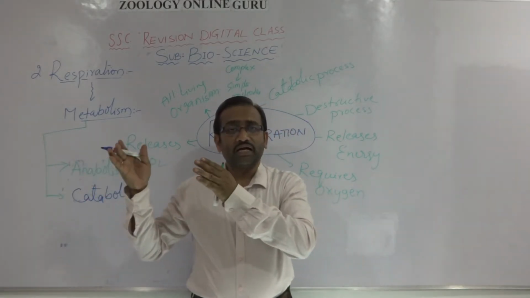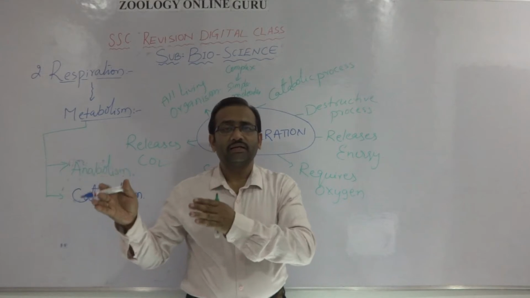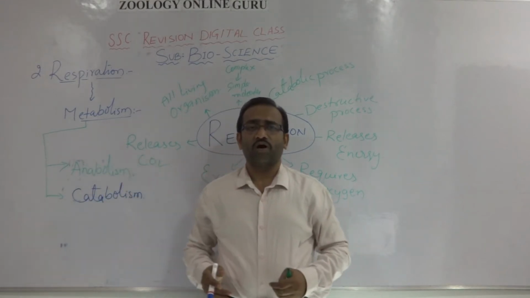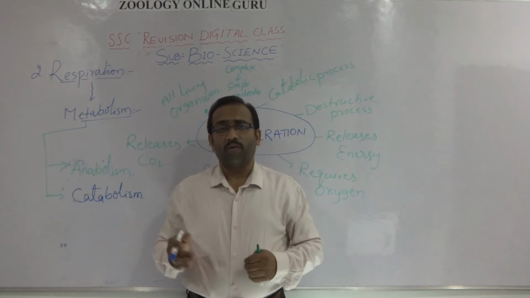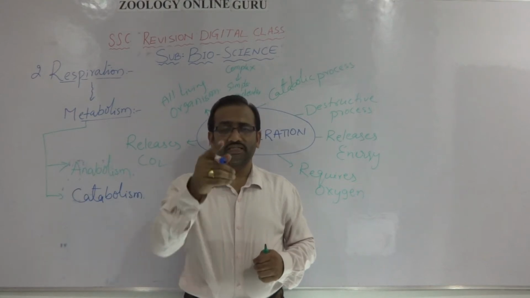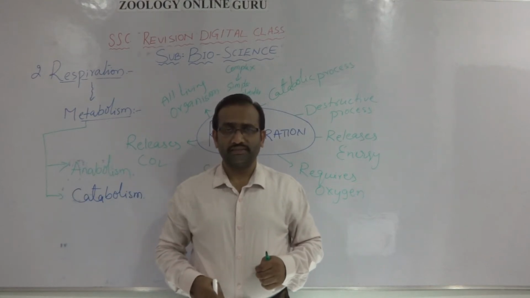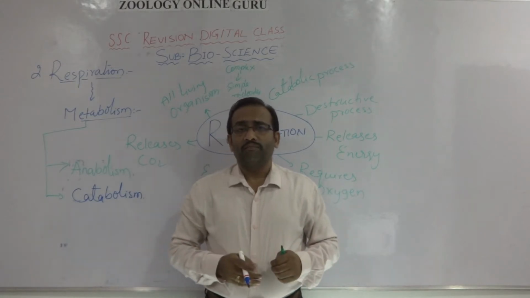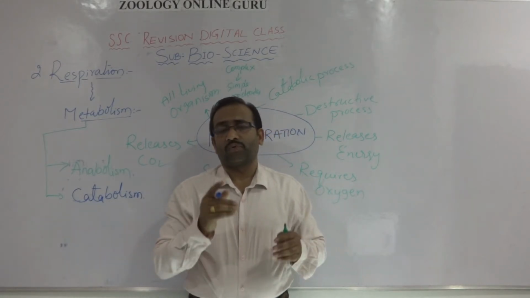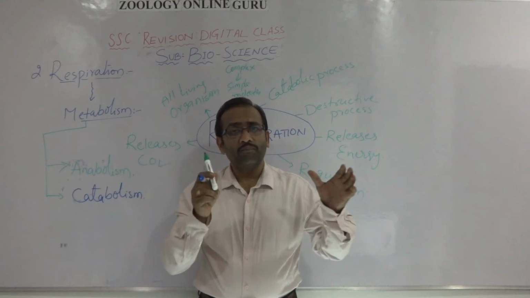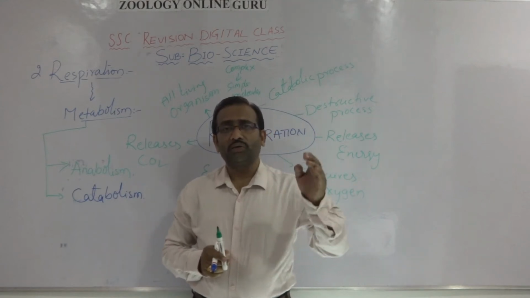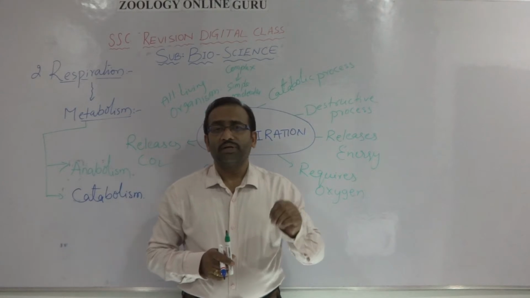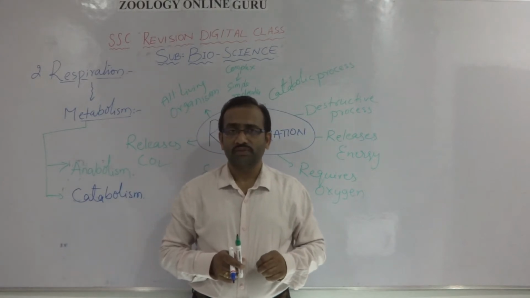Anabolism is the constructive process where simple inorganic molecules collectively form a complex organic molecule. The best example is photosynthesis. Catabolism is the process where complex organic molecules break into their simpler or simplest forms.